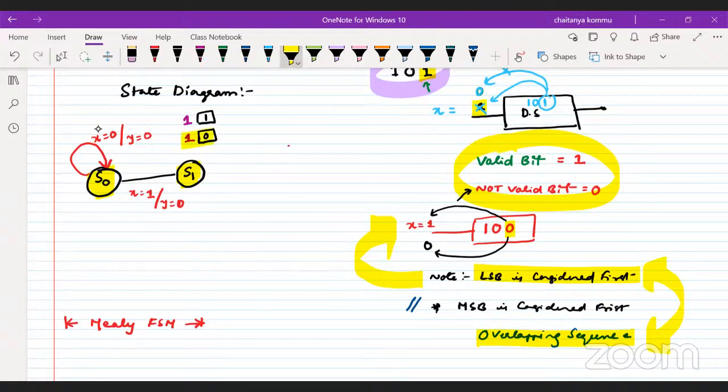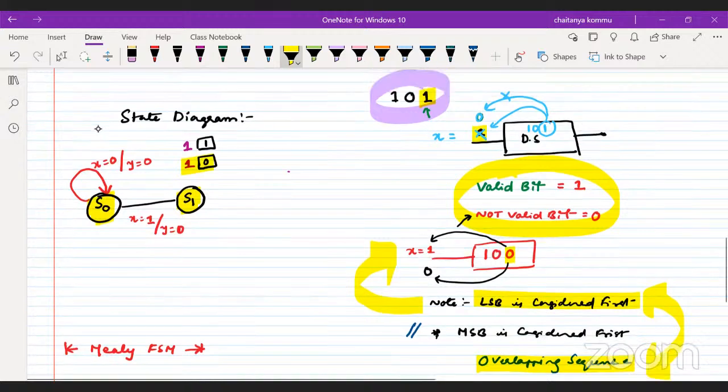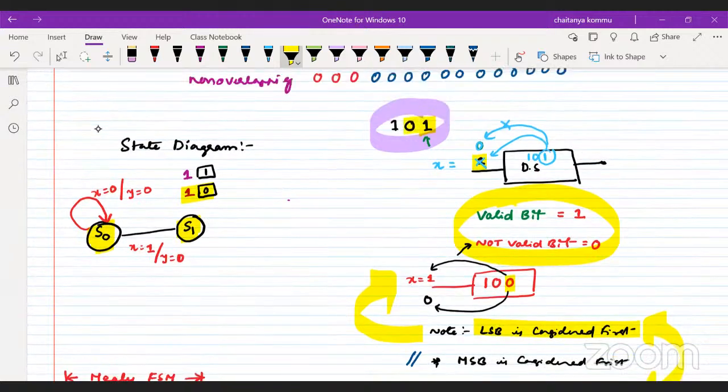So 1-0 can be observed here. In this purple color, I have mentioned that 1-0 can be observed. So 1-0 is a valid sequence. Because of 0 alone it's not valid, but 1-0 is a valid sequence. Therefore, it can change its state to S2.